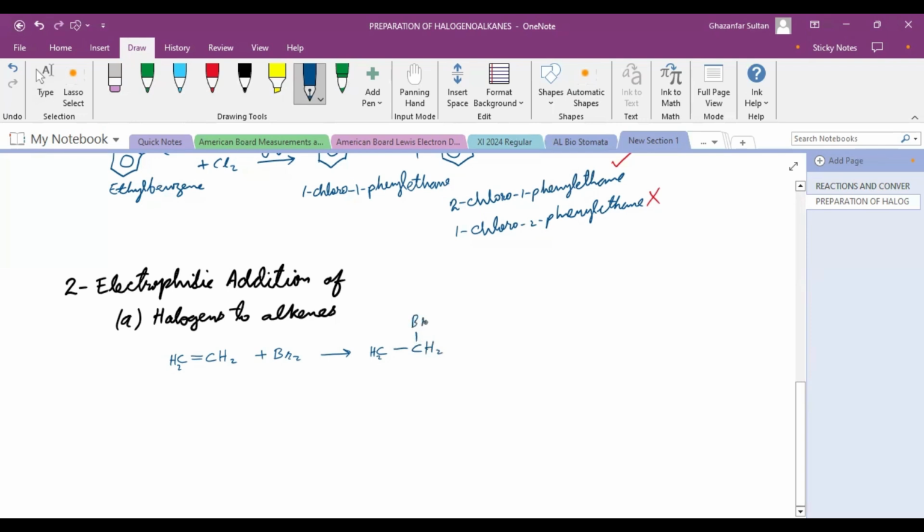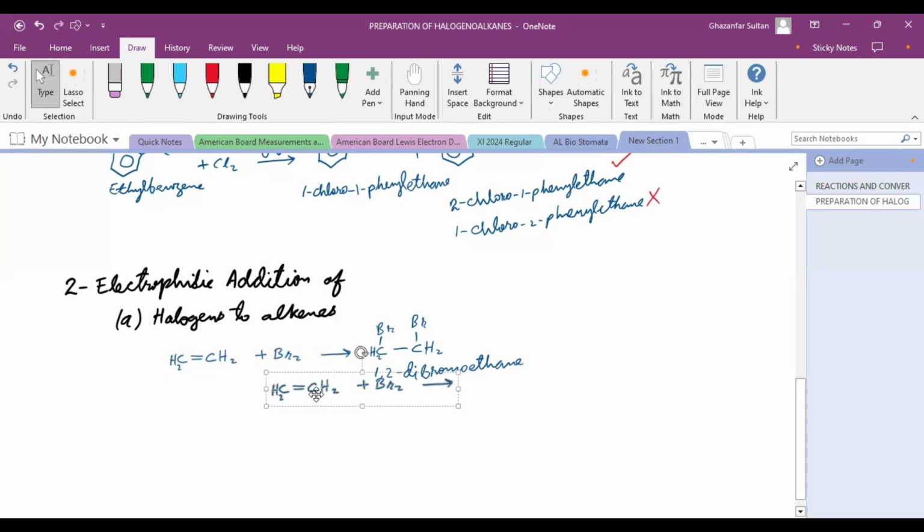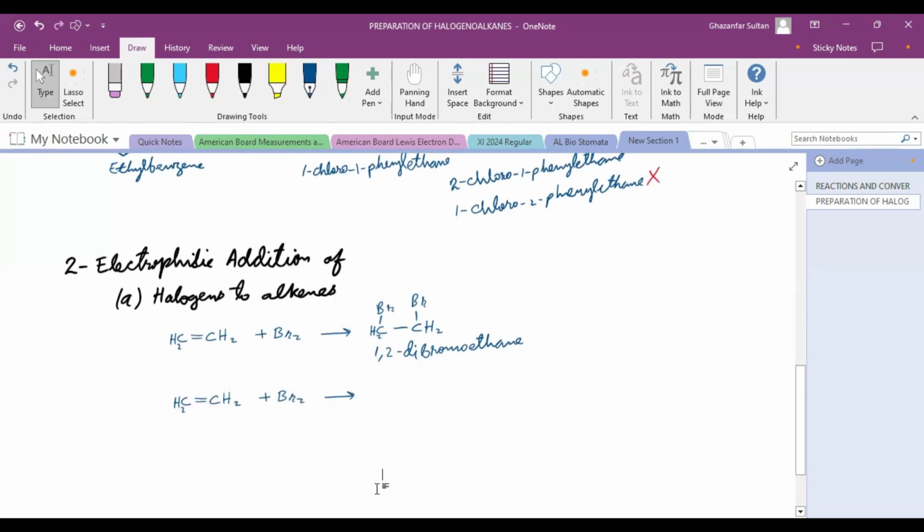On both the positions there is bromine, and the name is 1,2-dibromo ethane. And if the same reaction is carried out with propene or any other alkene, the same type of product will be obtained.